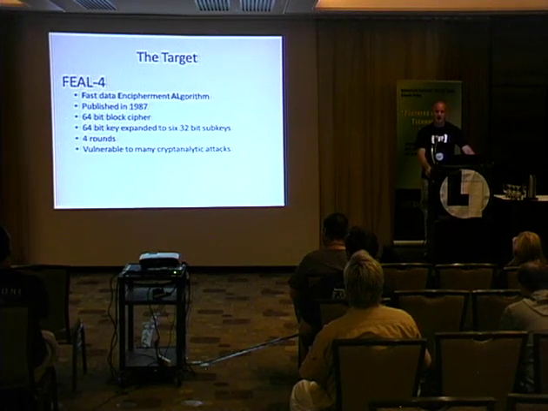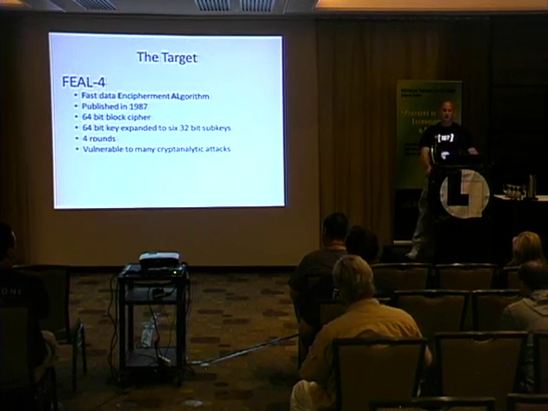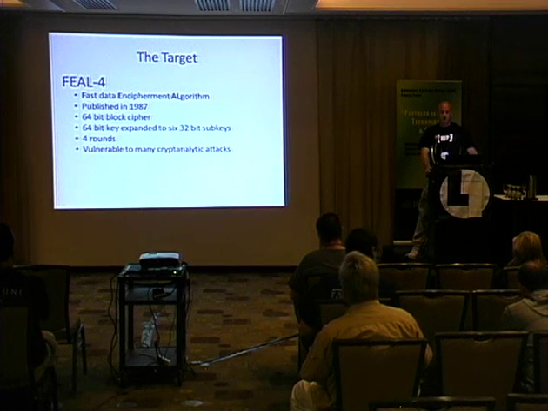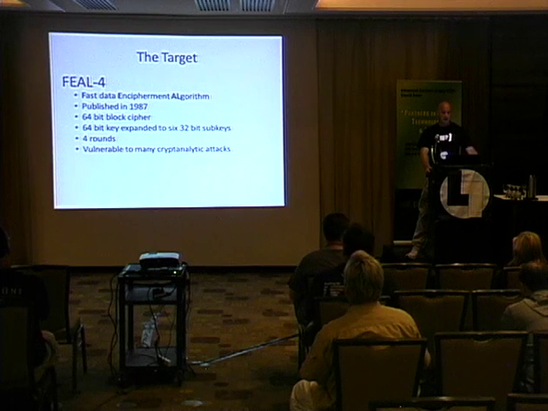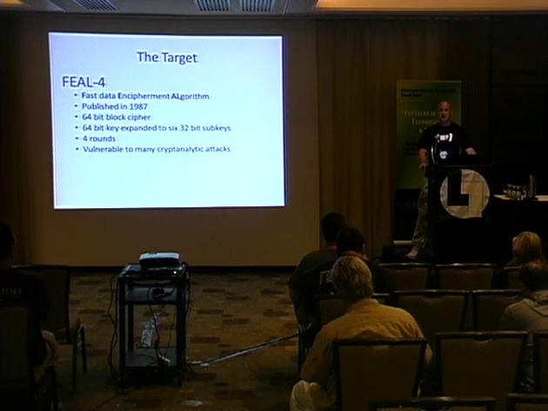We're not attacking DES. There's been all sorts of stuff written about DES and how to break it and how it works. We're going to go after something even easier. It's called FEAL, the Fast Data Encipherment Algorithm. It's pretty old, from the 80s. It was made as a replacement for DES to run on less powerful hardware.